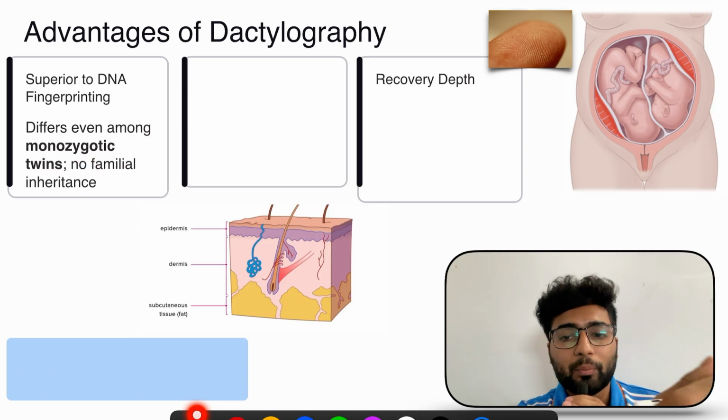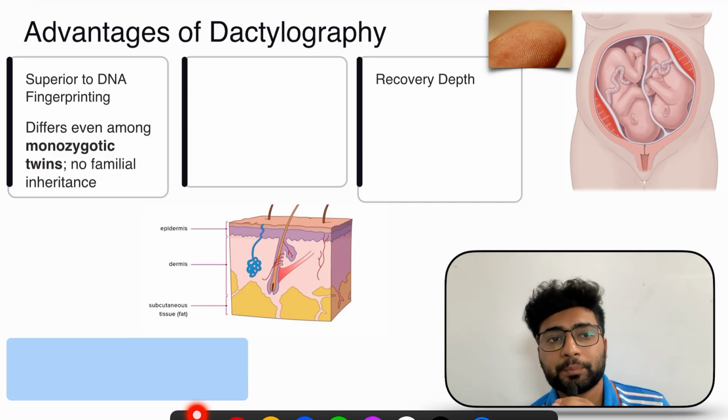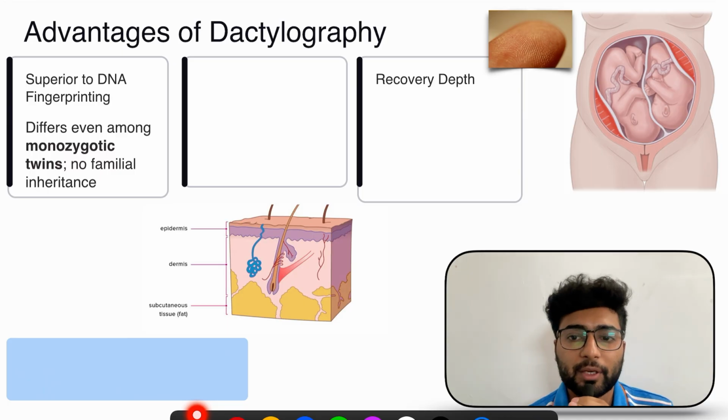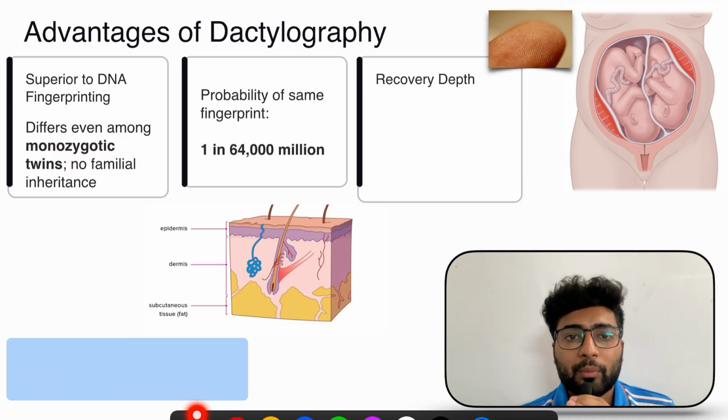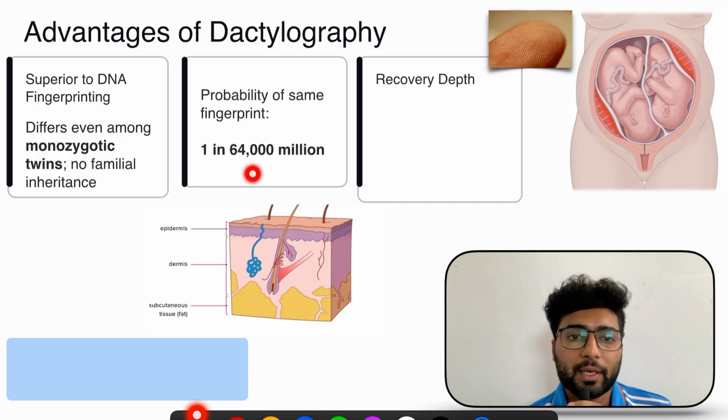Why? It is not passed down through generations. It is just pressure encountered inside the womb. So it is superior to DNA fingerprinting. And the probability of two fingers having the same fingerprint is very rare. It is 1 in 64,000 million. Okay, so it is very rare.